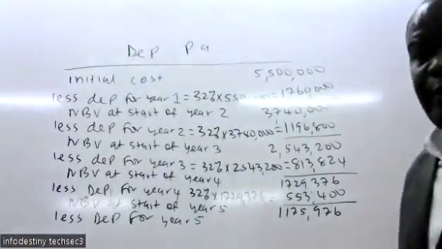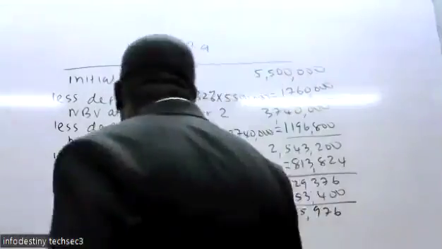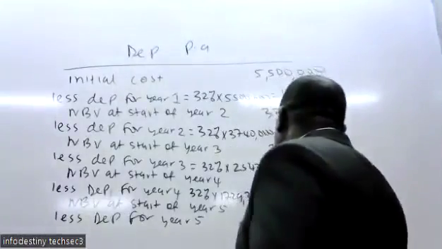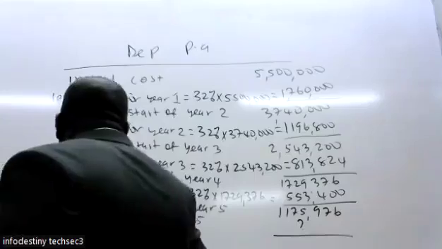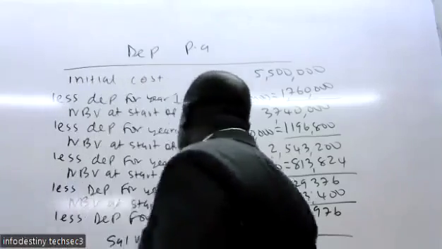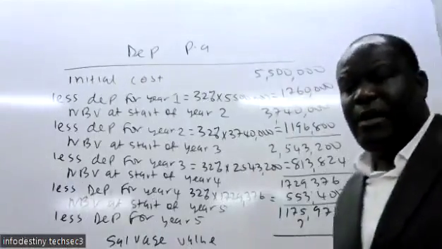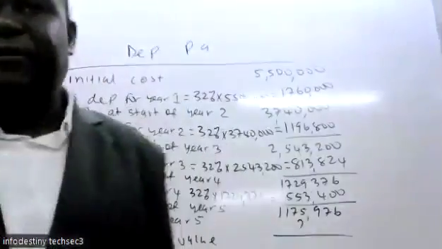Depreciation for year 5, we make it a balancing figure so that we get the scrap value or the salvage value. You can still calculate, but we need to end up having the salvage value.